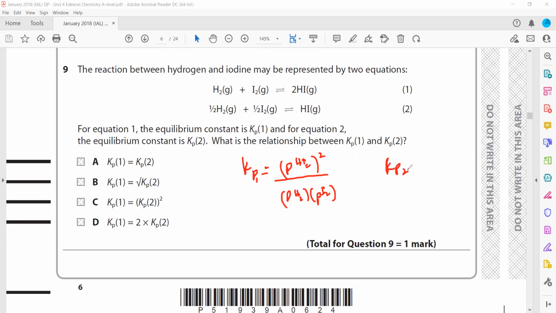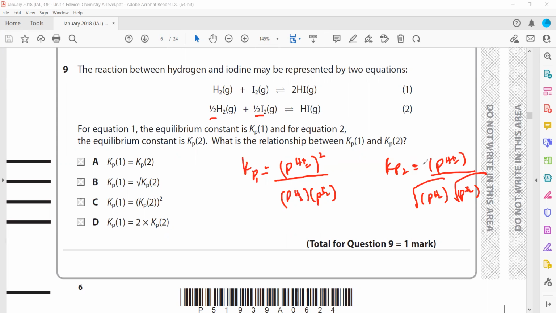Then Kp2, the second reaction, product divided by reactant. So pressure of hydrogen iodide divided by pressure of hydrogen under root and pressure of iodine also in a root, because the coefficient power is 1/2. How can we relate them? If I make the right hand side equal, the left hand side will also be equal.